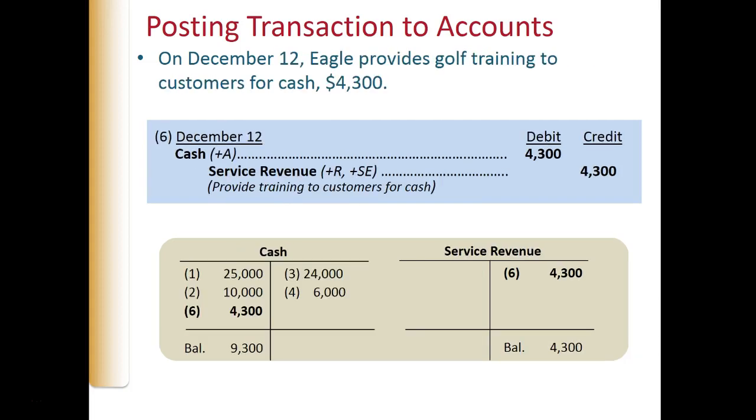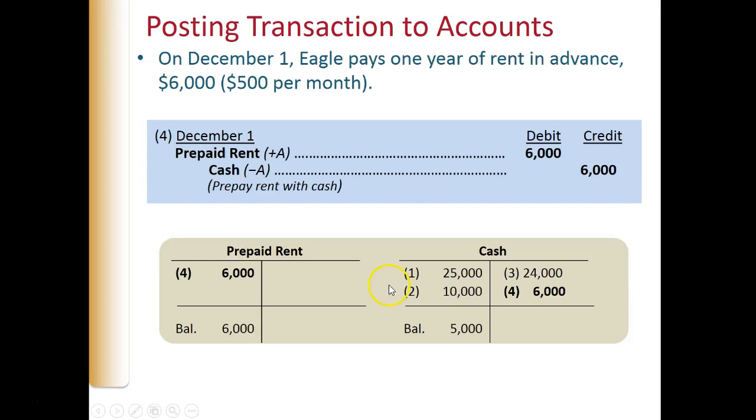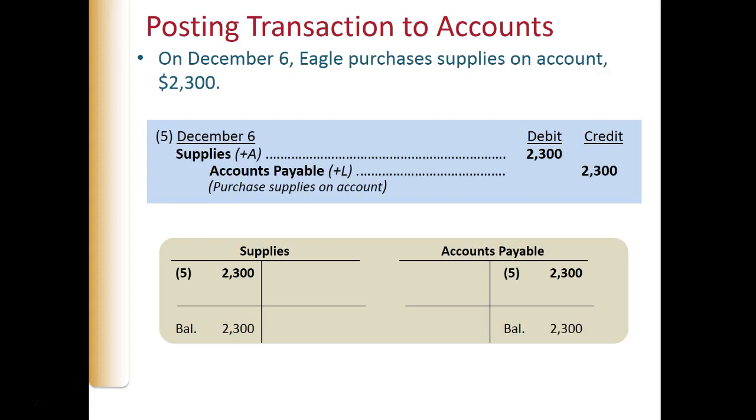If you look here, do you see how our prepaid rent, we show transaction 4, a debit here of 6,000, cash, a credit of 6,000, we put it over here. You see how we're just posting these various transactions to the accounts they belong to.